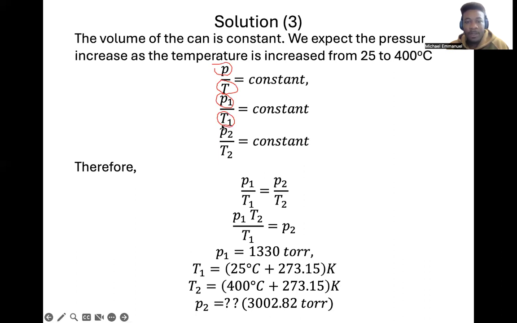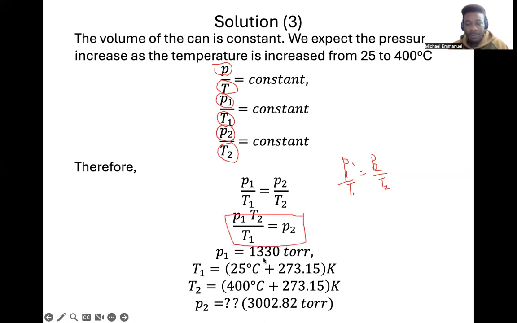Then we also have the final pressure P2 and the final temperature T2. Since P over T is equal to a constant, what we have is P1 over T1 equals P2 over T2. So this equation can be rewritten to find P2.